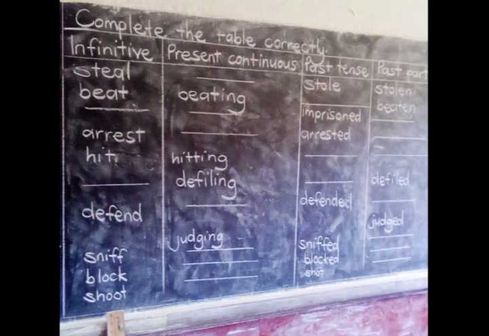Number 6, there is a dash there, you give its verb. Number 7, there is a word there, defend. You are meant to fill the present continuous tense and the past participle.